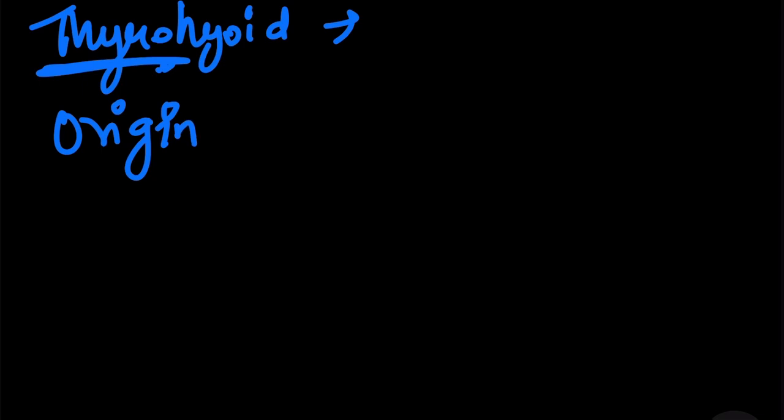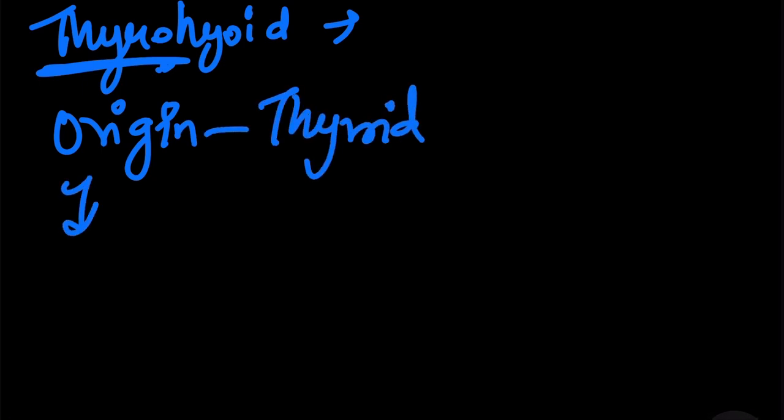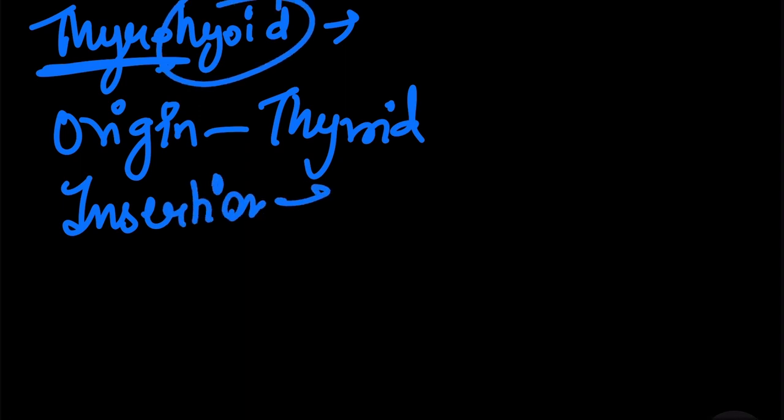And lastly we have our thyrohyoid part. So thyrohyoid part, first part is thyro, so its origin will be from thyroid. Then we have insertion, second part is hyoid, it will insert into hyoid bone.